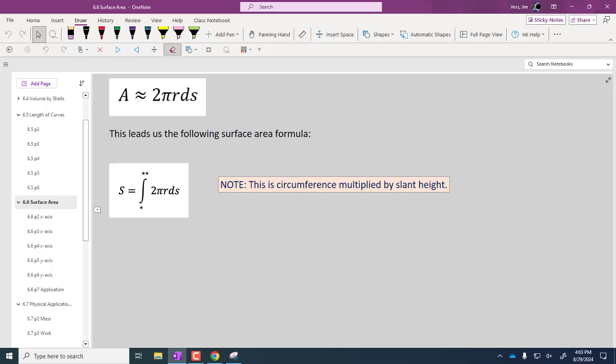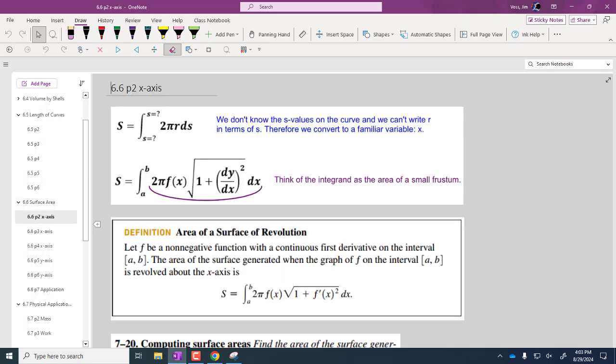That is our integral, 2 pi r ds. Once again, we don't know anything about s. If we knew something about s, then we could just integrate with respect to s. But we don't, so we take the ds and we do what we did with arc length. We replace ds with its equivalent form with a dx or a dy, depending on which direction you're integrating.